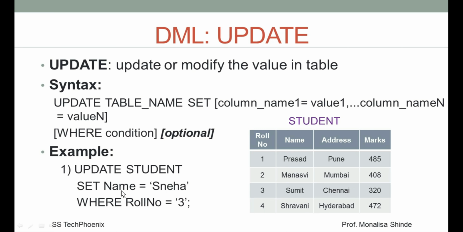I want to change only the name column, that's why I have specified only one column. So column name, and I want to specify the value Sneha, where roll number is 3. Now this is the condition for which I want to make the updation.